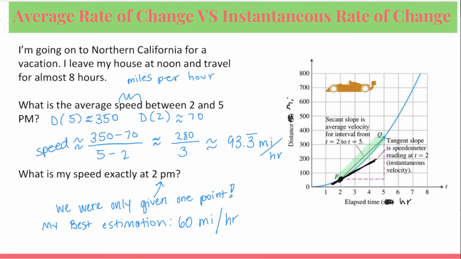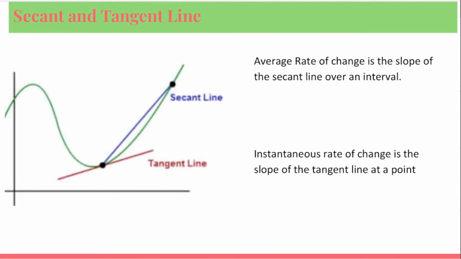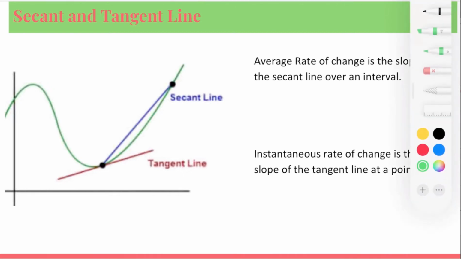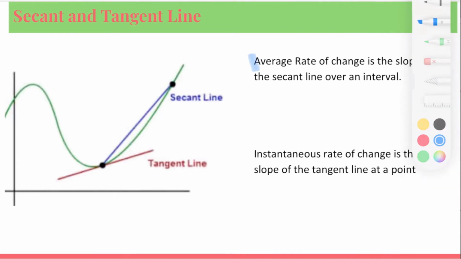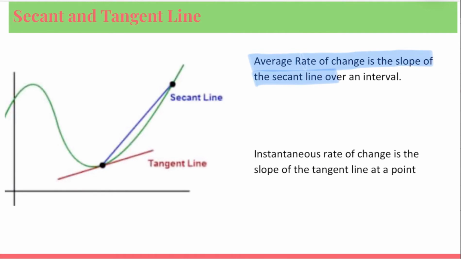Okay, let's look at some definitions of these lines that I've been highlighting. The average rate of change, I'll highlight in blue. The average rate of change is the slope of the secant line over an interval. So there's my secant line.